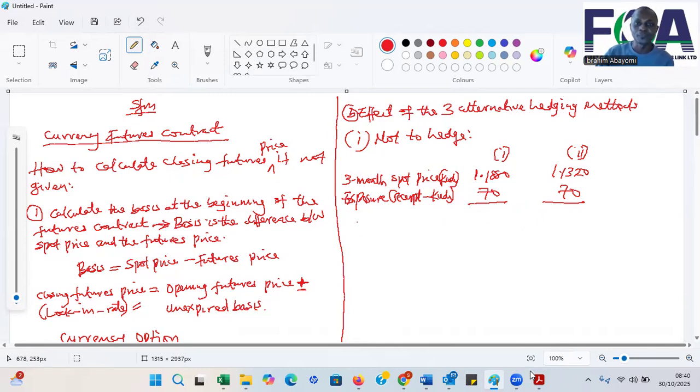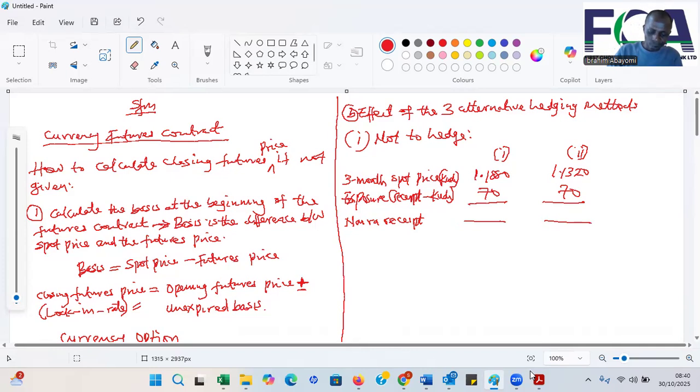So I will now say, okay, the Naira receipt. So let's divide. Naira receipt, let us divide.